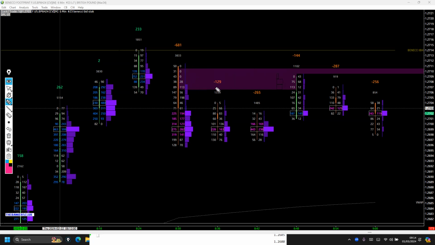Now, these stacked imbalances can show up at random places all over the chart, but I only pay particular attention to them at key areas of interest, when certain things have been happening at that point of interest.